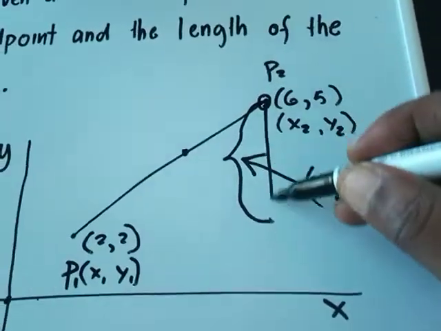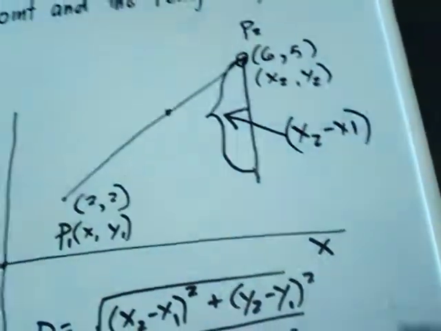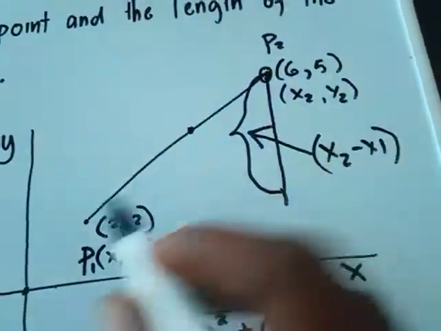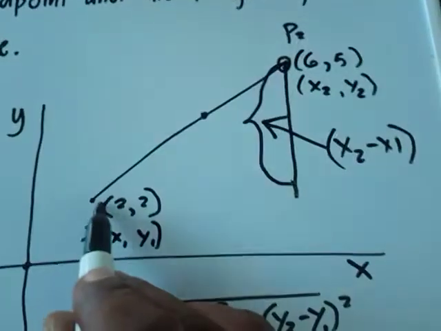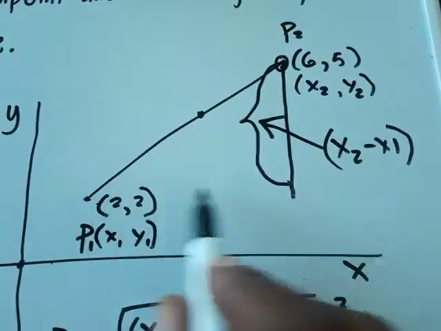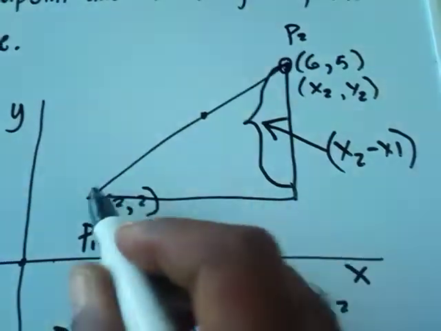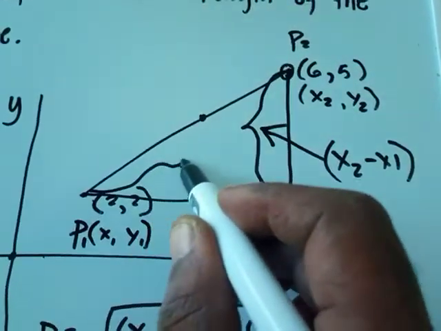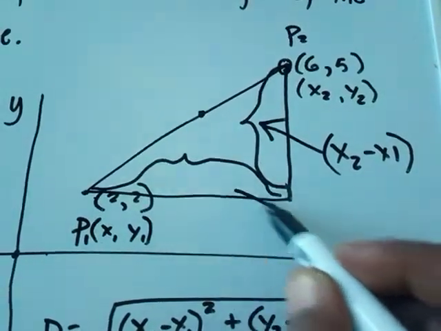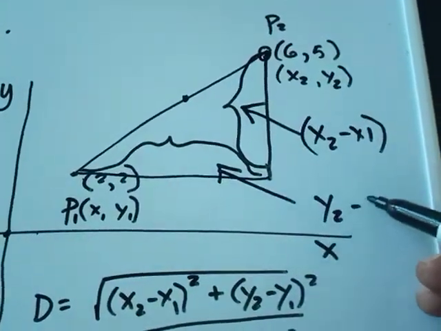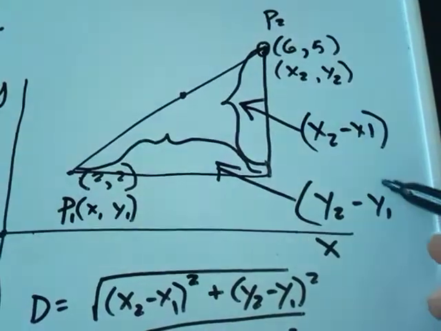That's one length of a right angle triangle. y2 minus y1 is a measure of our horizontal distance. That distance there, that is y2 minus y1.